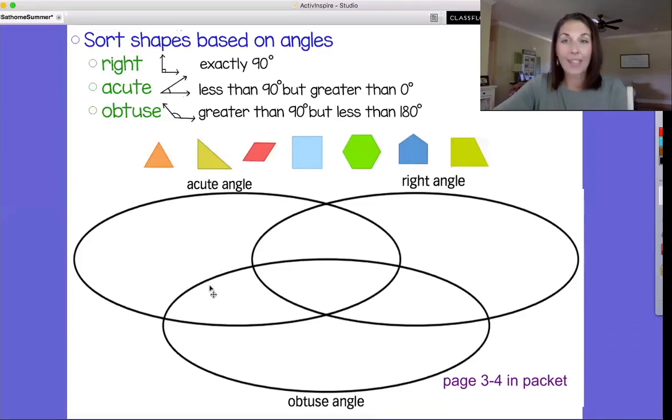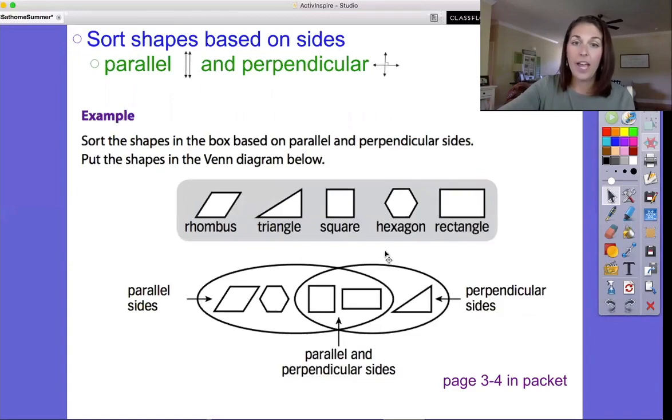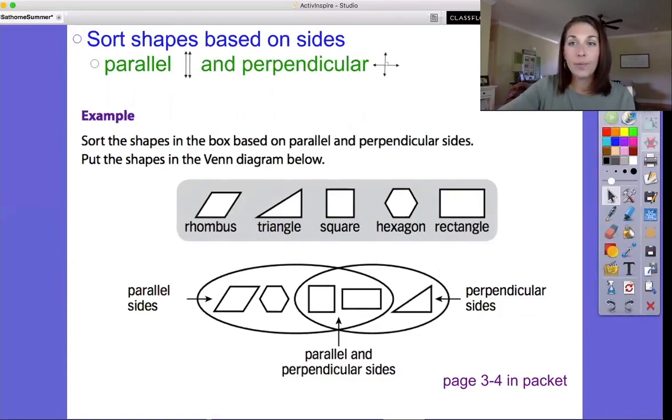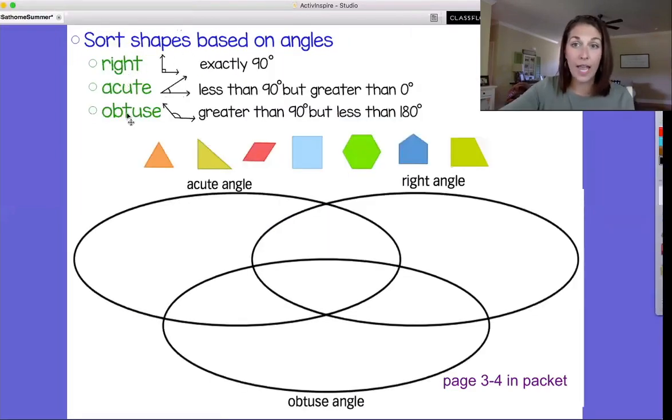We're going to do a little activity here with the Venn diagram again. This Venn diagram looks a little bit different from the first Venn diagram that we focused on. On the first Venn diagram, we had 2 categories. For sorting shapes based on angles, I know that we're looking at right, acute, and obtuse angles. So I have 3 categories I'm looking for.